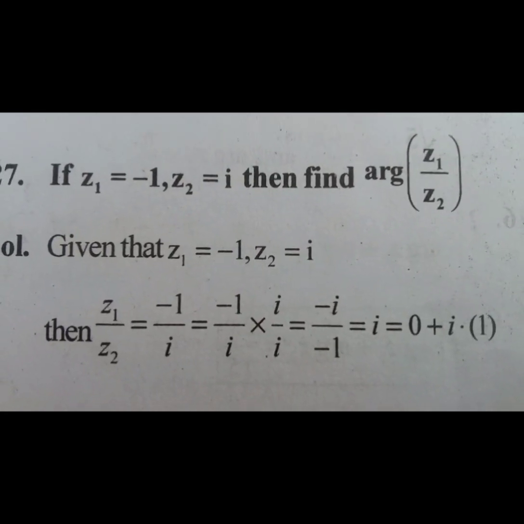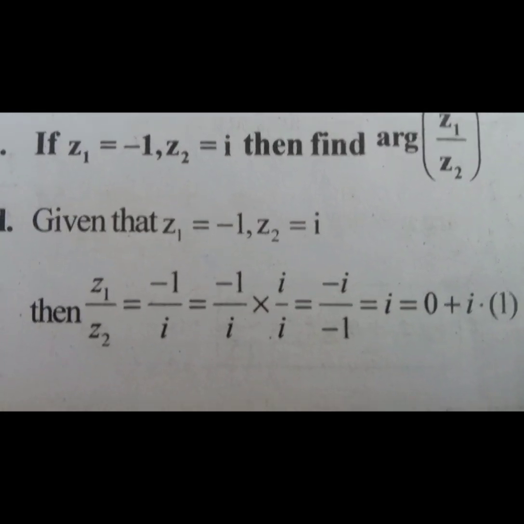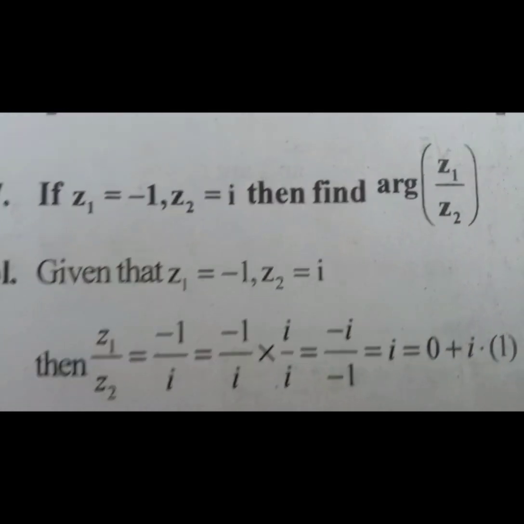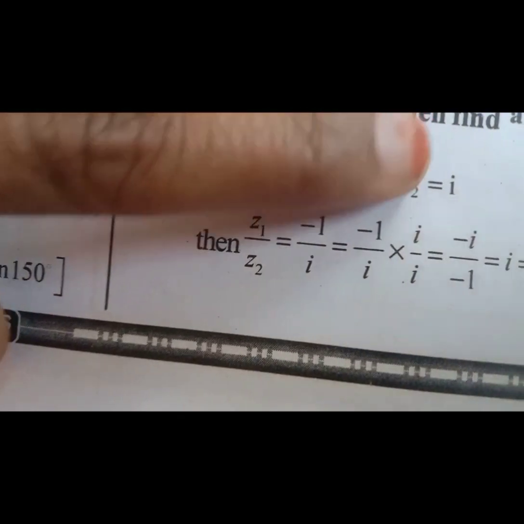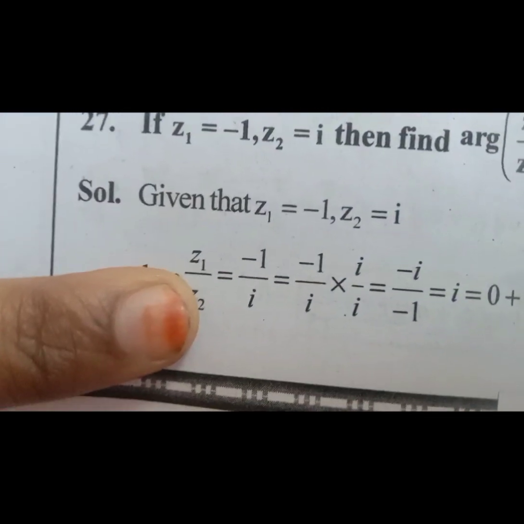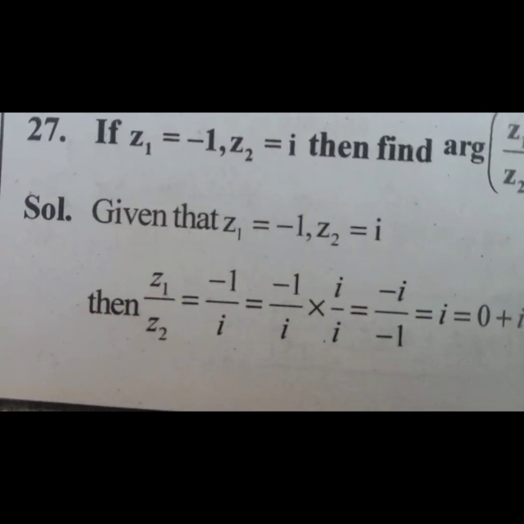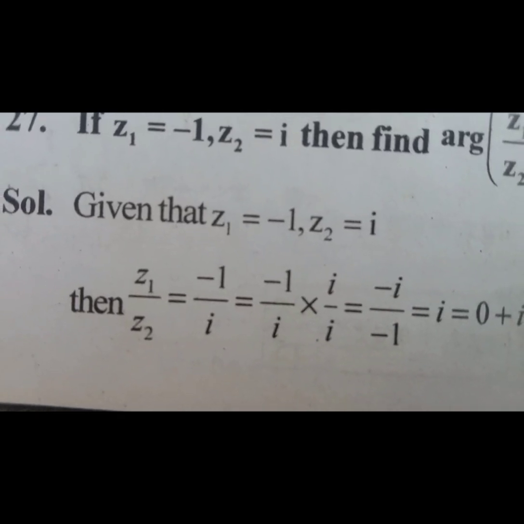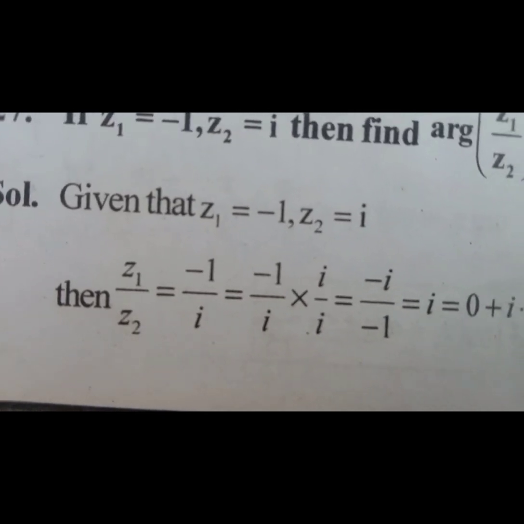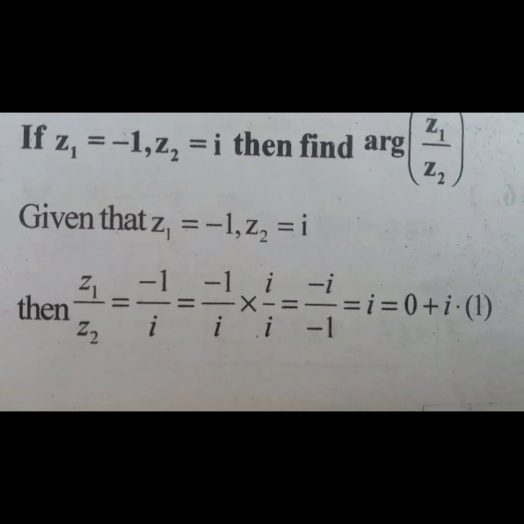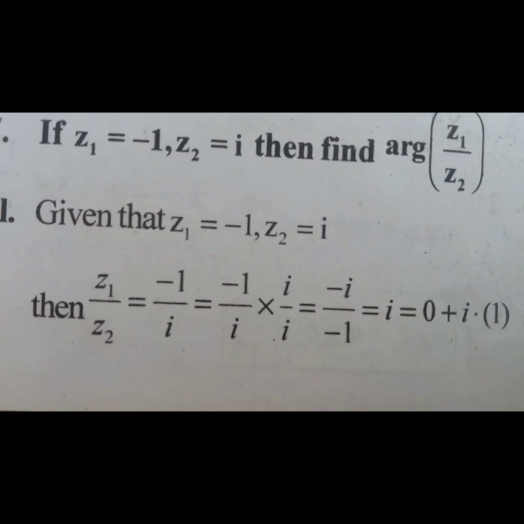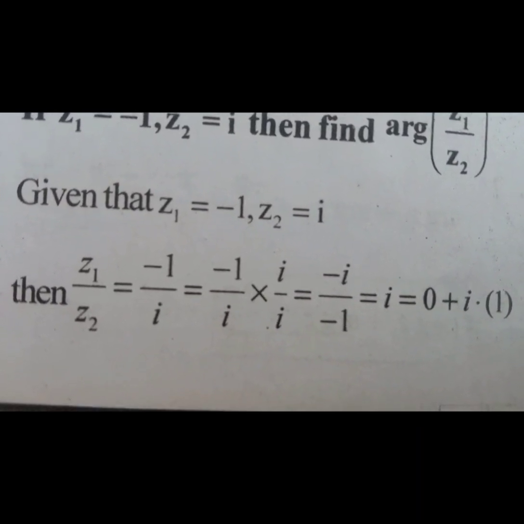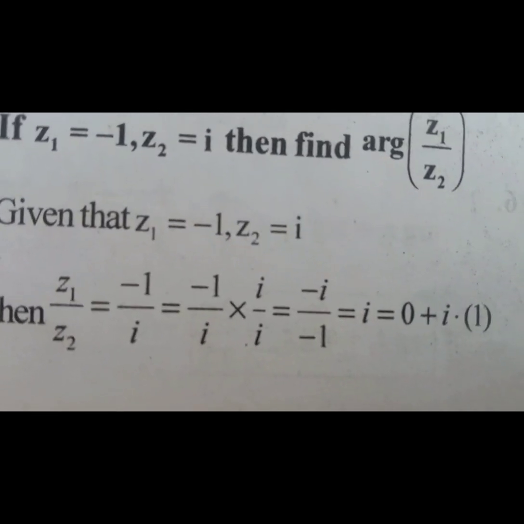Then we need to find the argument of z1 by z2. First we write the z1 value, then the z2 value, minus 1 by i. By the rationalizing concept, multiply and divide by minus i.